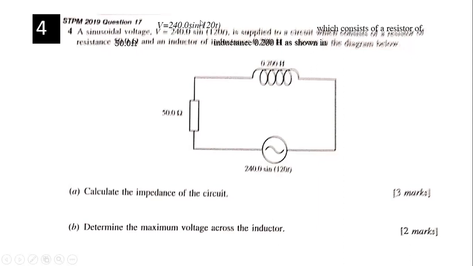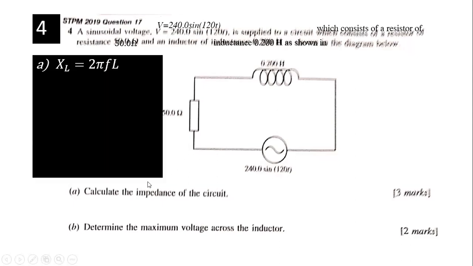A sinusoidal voltage, with the formula given, is applied to a circuit consisting of a resistor of resistance 50 ohm and an inductor of inductance 0.2 Henry as shown in the diagram. Calculate the impedance. You can see it's almost the same. Go and calculate the reactance.